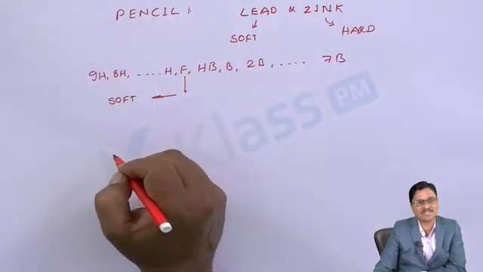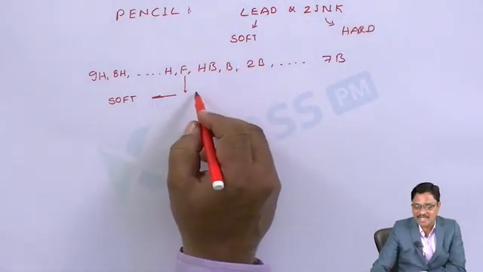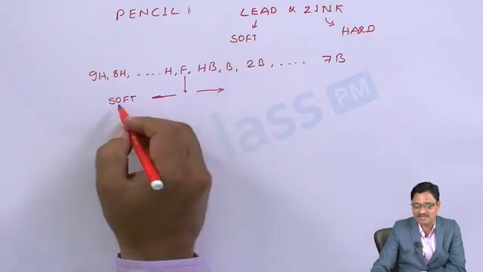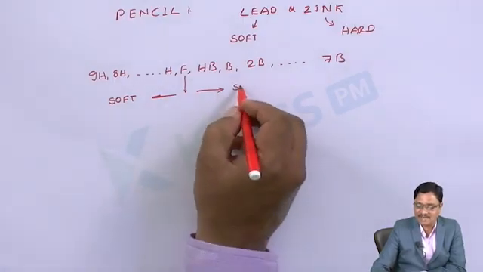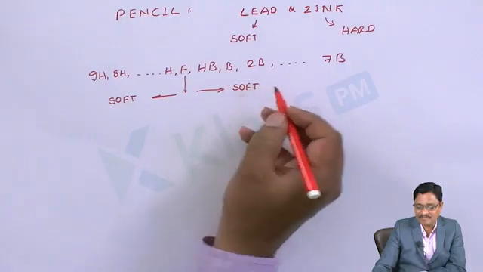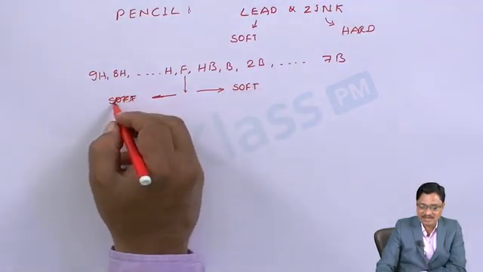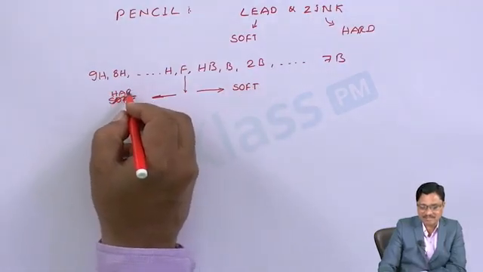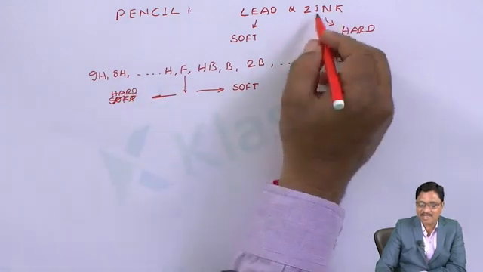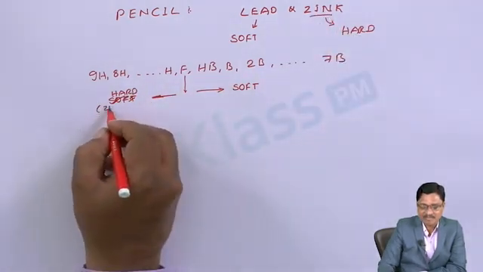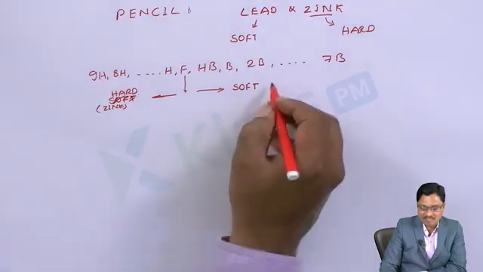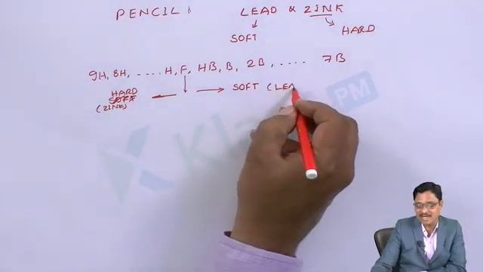Softness increasing means the lead composition is dominant. Hardness means the zinc, and softness means the lead proportion.